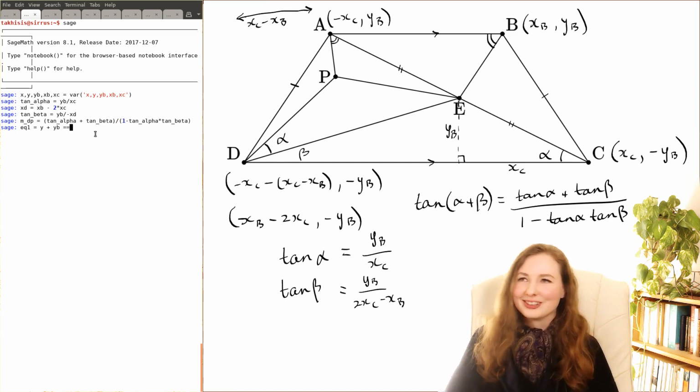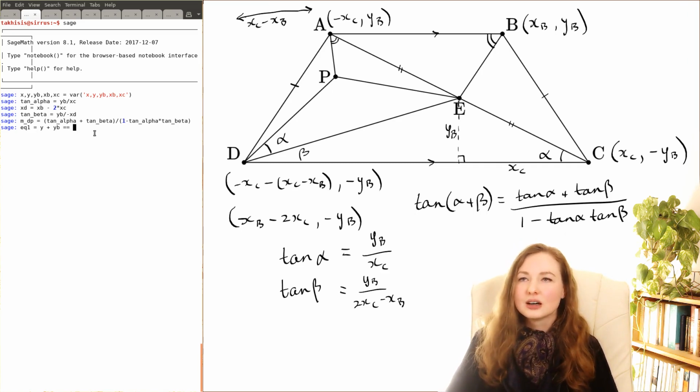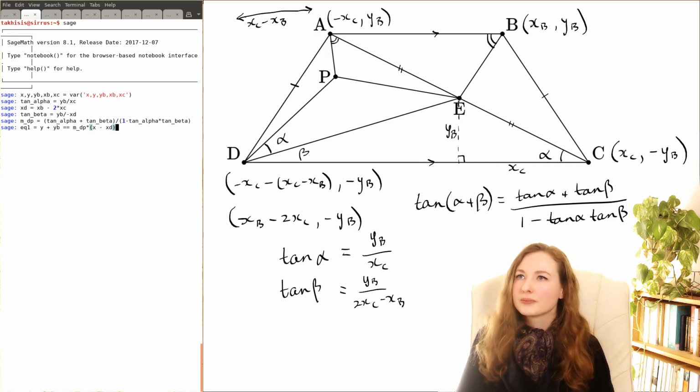It's a distinction in computer programming. So okay, y plus yb is m_dp times x minus xd. So that's our first equation.